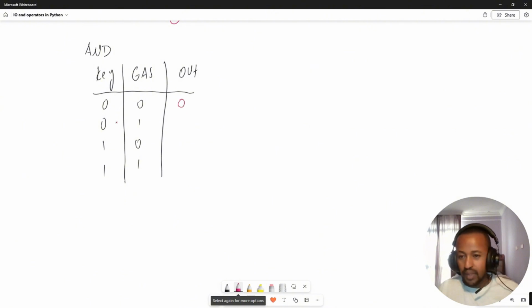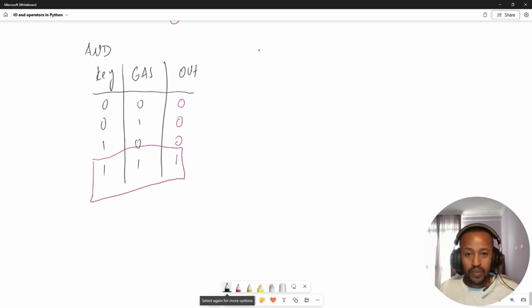No, we can't. We don't have a key, but we have gas. Can we drive the car? No, again. We do have a key now, but we don't have gas. Can we drive the car? We cannot. We do have the key and the gas. We can now drive the car. So the AND gate is true only when all the situations are true.